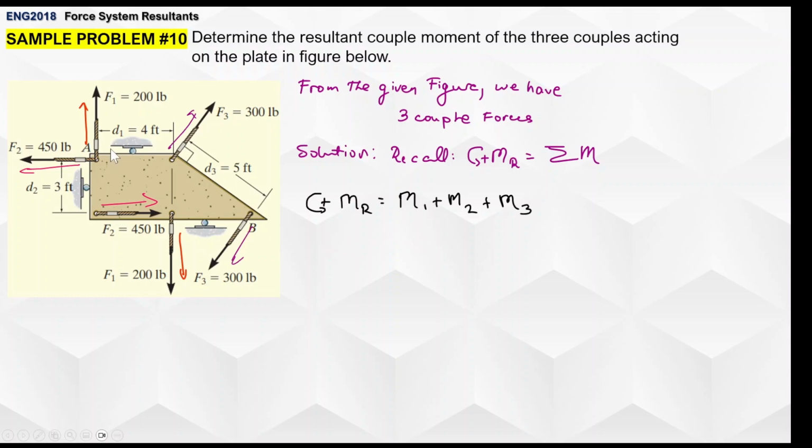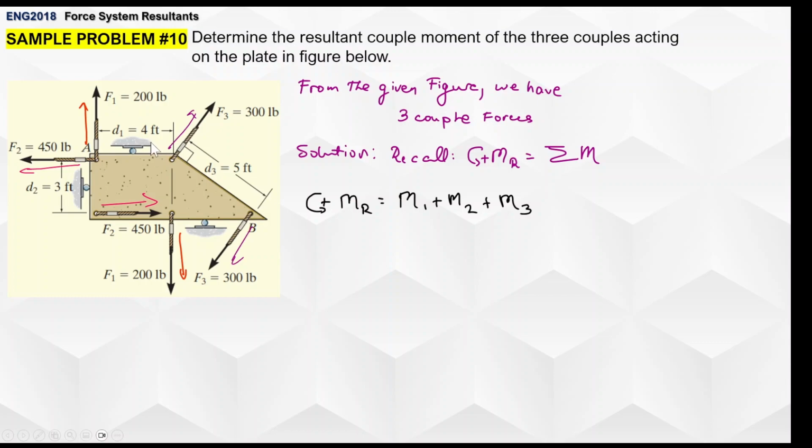So for moment 1, let's go with 200 first. 200, using the equivalent couple moment method. Instead of splitting it into 2, I'm just going to multiply that by its entire perpendicular distance. And this one is clockwise, so that's going to be negative 200 times 4.